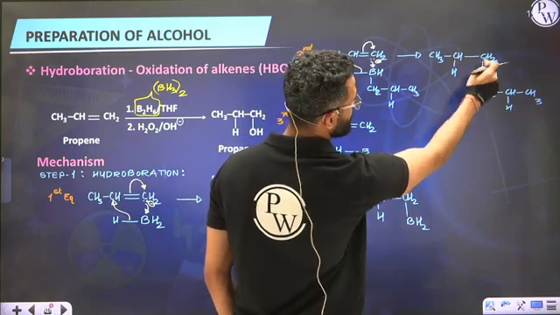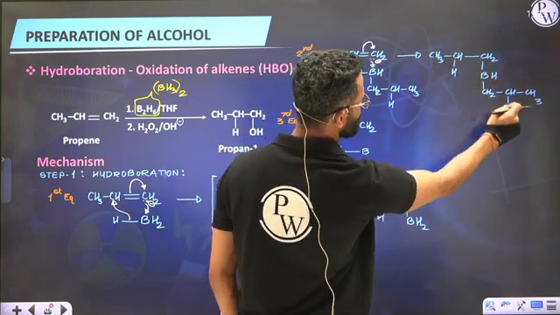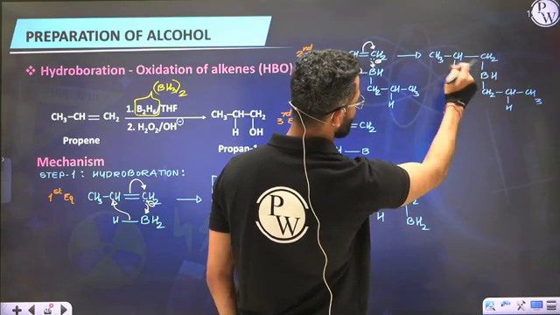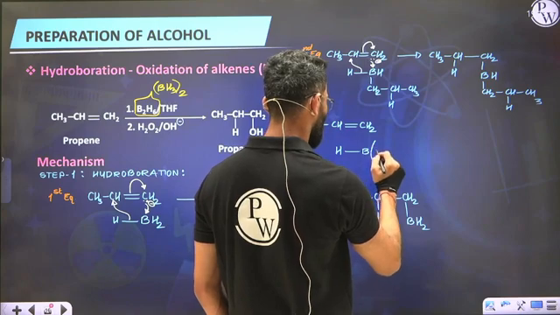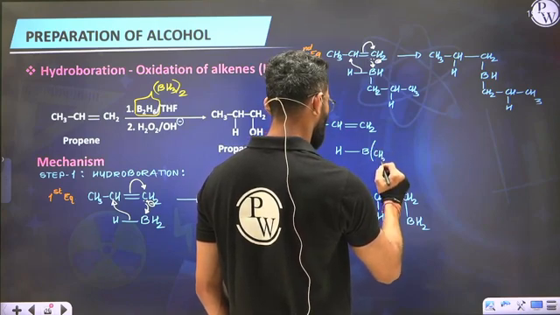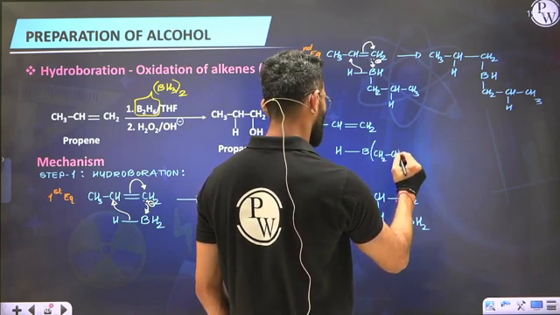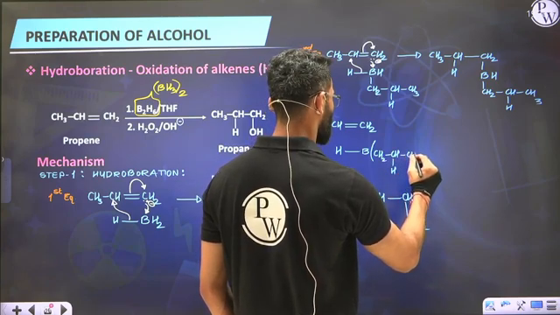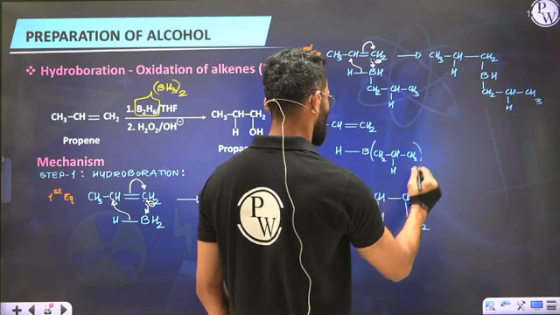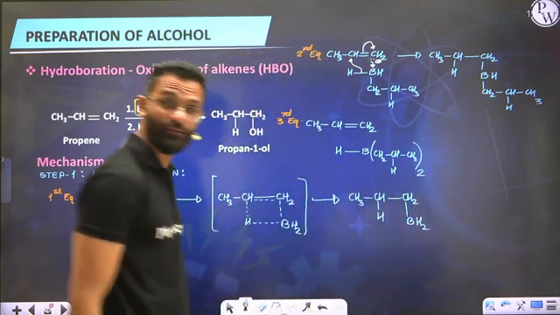You see that? CH2 CHH thrice. This is also the same, so I can write it collectively. CH2 CHH, this whole twice, right everyone?